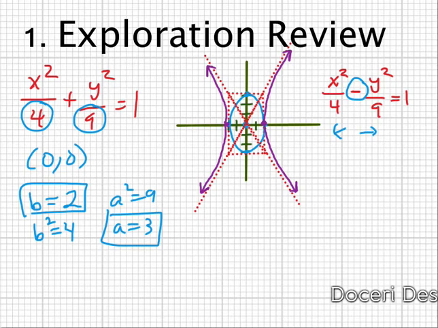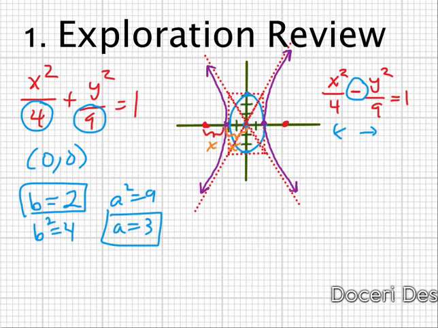So somewhere out here we have 2 foci. Those 2 red points I just drew are the foci of my hyperbola. The distance from the focus to the vertex of the hyperbola will be the same as from the vertex to the center. So these will both be the same value. I'm going to use a different color because you can't really read that. So these are the same values.